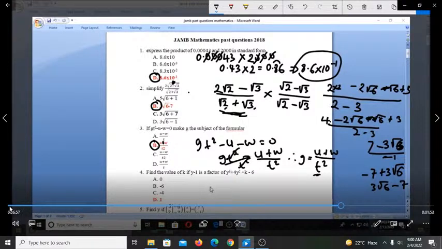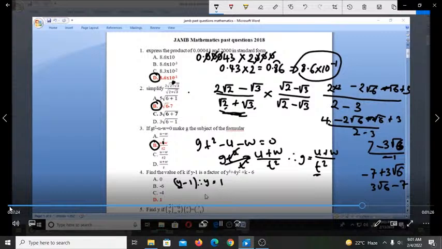Now for this number 4 question, we have find the value of K if y minus 1 is a factor of y to power 3 plus 4y squared plus k minus 6. Now whenever you're told that y minus 1 is a factor, it simply means that y is equal to 1, because you take this to the other side, it becomes 1.